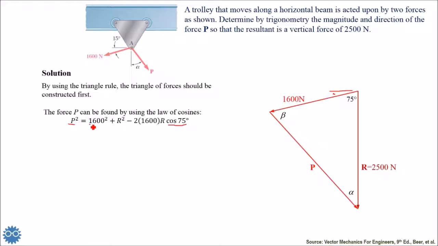So we have 1600 squared plus r squared, where r is 2500, minus 2 multiplied by 1600 r, and so on. When we substitute the values and take the square root of the right hand side, we get P equal to 2596 newtons. So the key to this problem is to know the law of cosines.